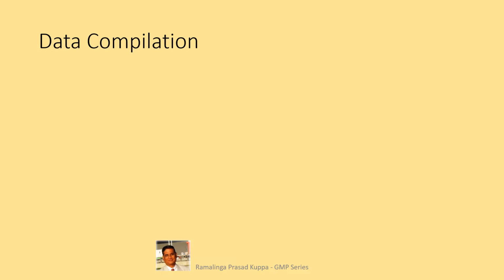Now let us focus on data compilation. Tabulate the data in an Excel sheet. The best way to record the data is on an Excel spreadsheet. Excel spreadsheet is an excellent tool for statistical data evaluation.